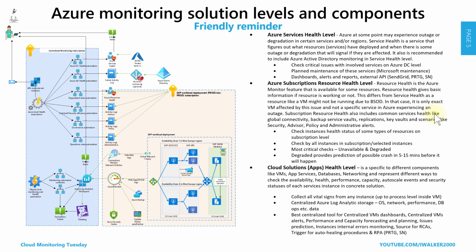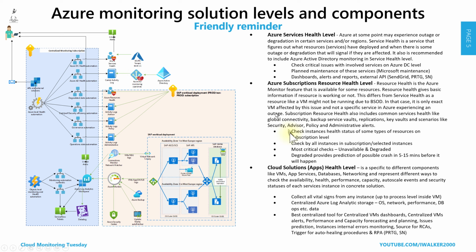And to understand why it's important, I would like to remind you what the full picture looks like. You can see that we are looking at different levels and different scenarios to understand how Azure works. We already discussed the Azure service health level, what it means and how to work with Azure Health, and which sub-information you can get.